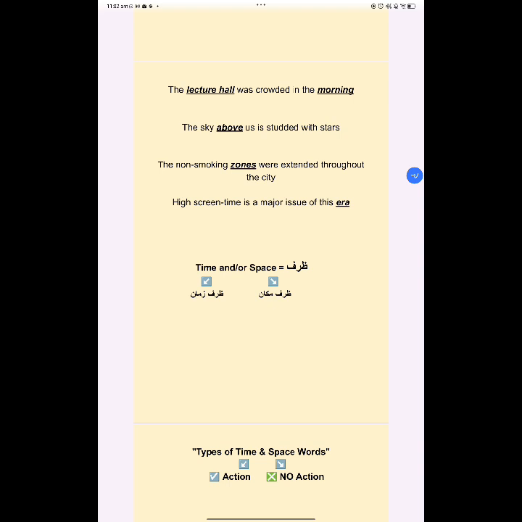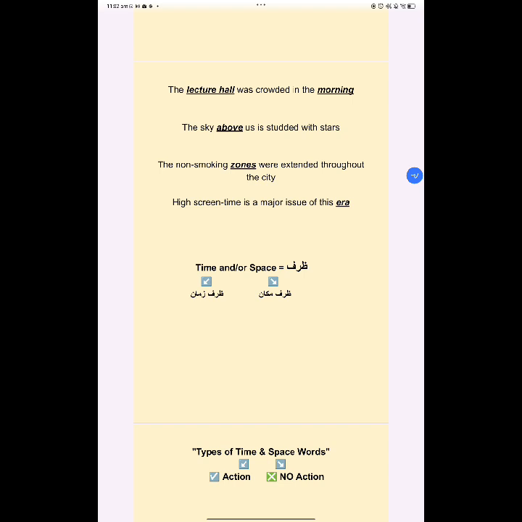Okay, so zarf comes in two flavors. We already know it, time and space. You can remember, okay, and the zarf that shows us time is going to be called zarf zaman. This word zaman is actually close to what we have in Urdu zamana.